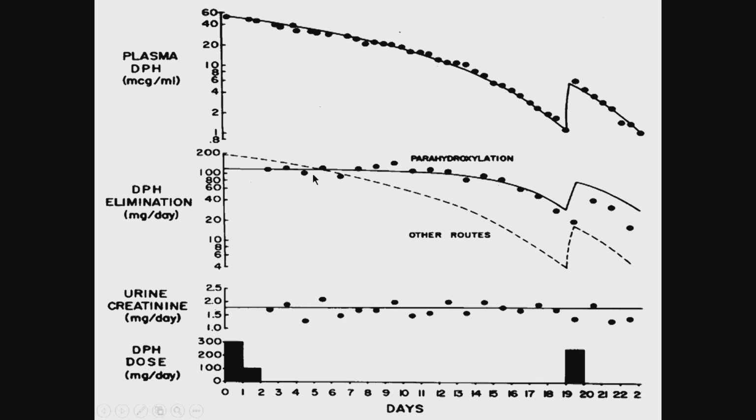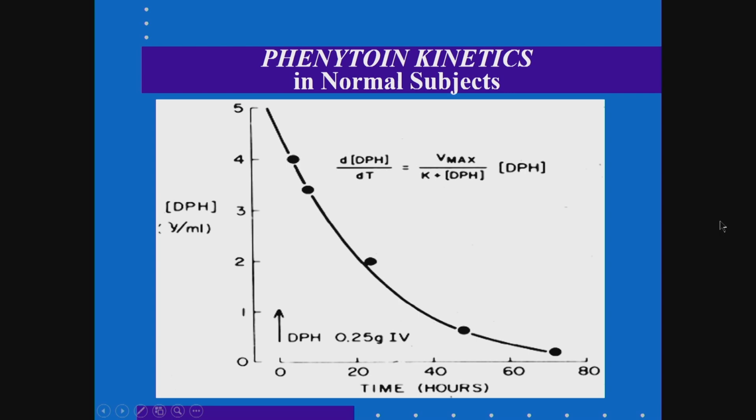What this indicates is that the metabolic pathway, CYP2C9, that generates this hydroxylated metabolite of phenytoin is saturated over a significant period of time because of these very high concentrations of phenytoin that metabolic pathway cannot handle, if you will.